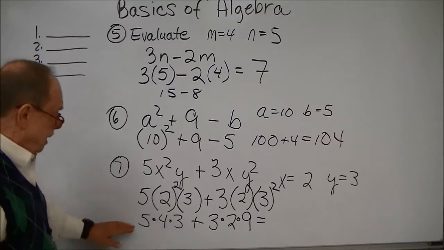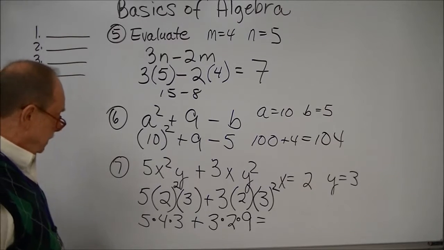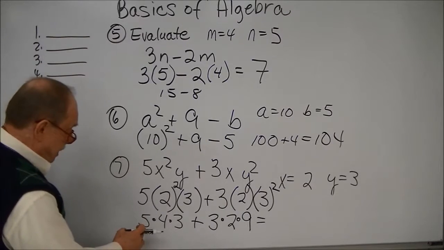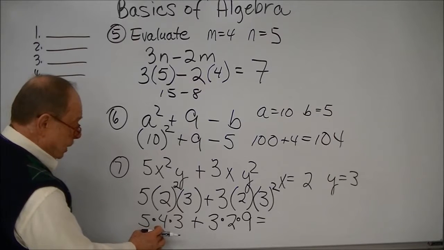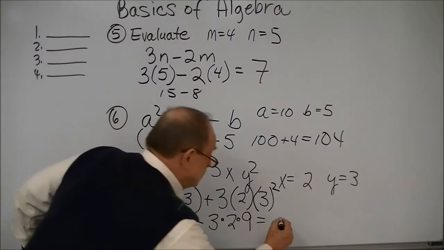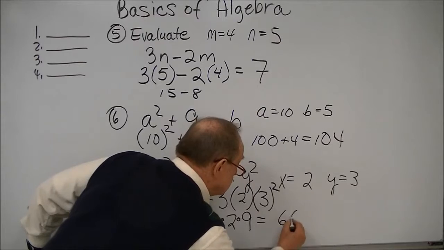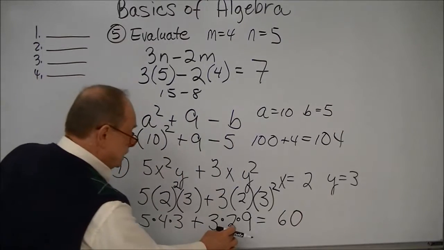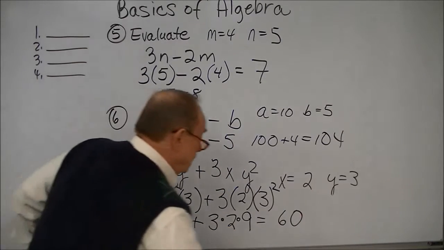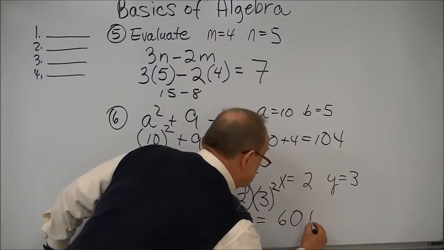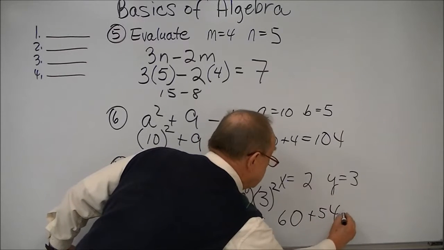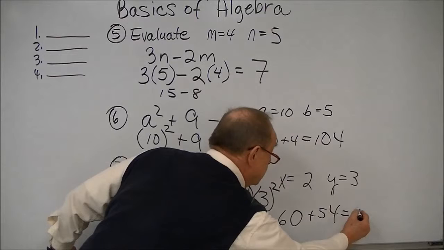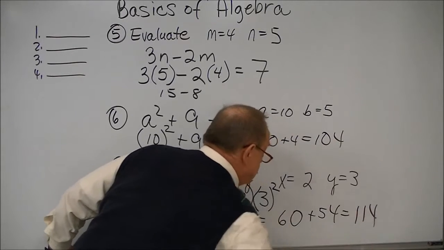We were missing the bottom of this, so I moved it down a little bit. Picking up, 5 times 4 is 20, times 3 is 60. Then 6 times 9 is 54. And when you add them together, that's 114.